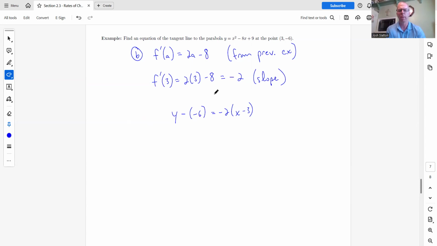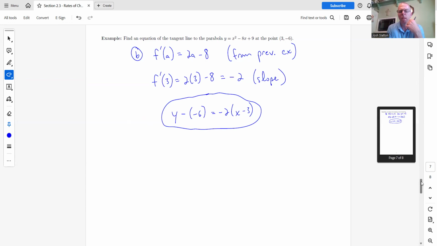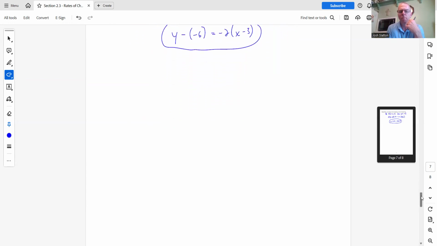So we won't simplify that, but that is the equation of the tangent line. Maybe the first couple of times you do these, graph the parabola on a calculator, and then graph the tangent line, and you see how they are related. It's also a good way to check yourself.